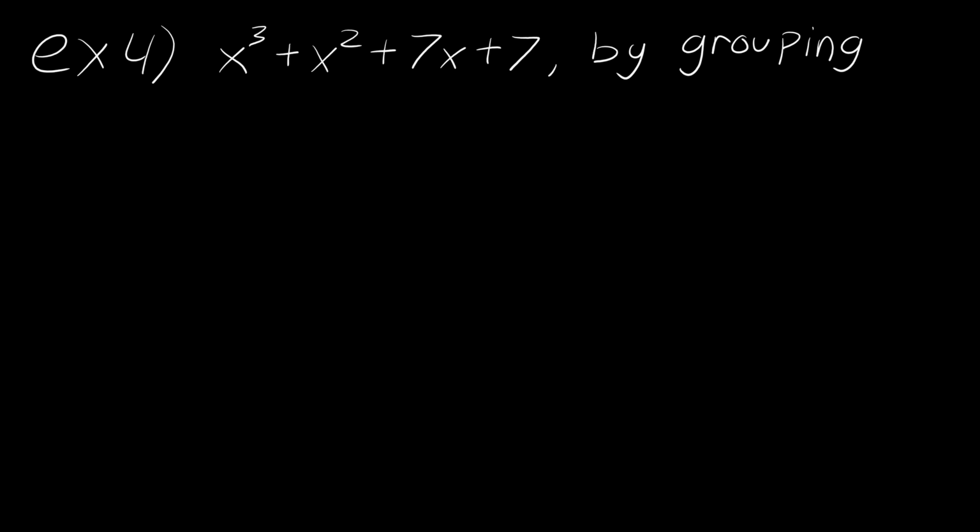Example 4 is asking us to factor the polynomial x cubed plus x squared plus 7x plus 7 by grouping. So we can group x cubed plus x squared, and then we can group 7x plus 7.